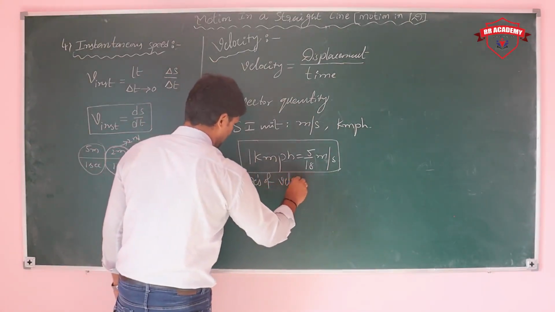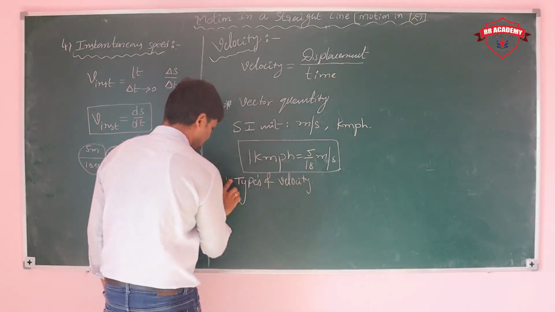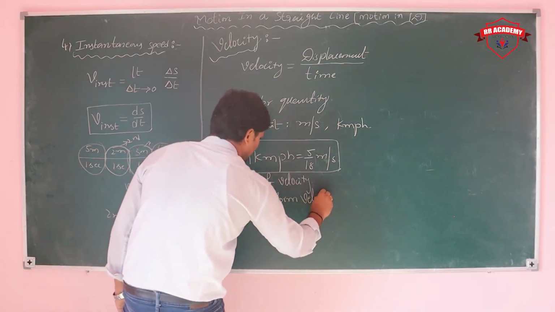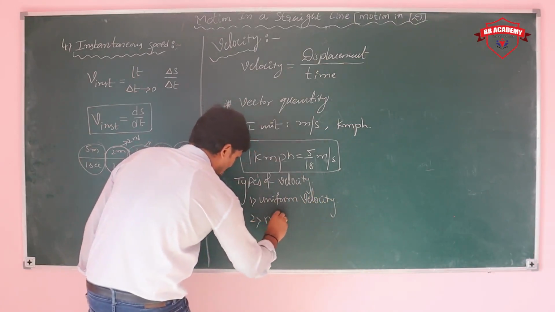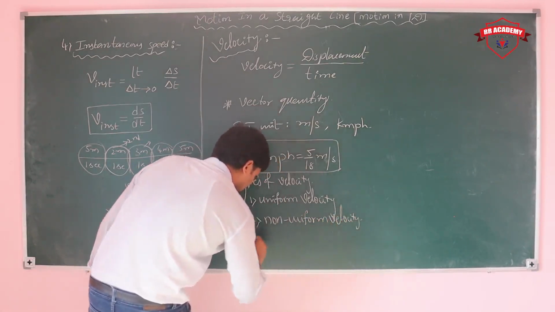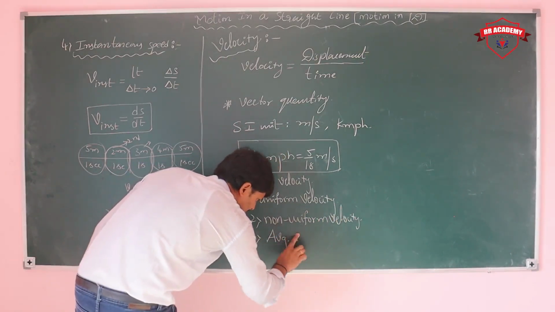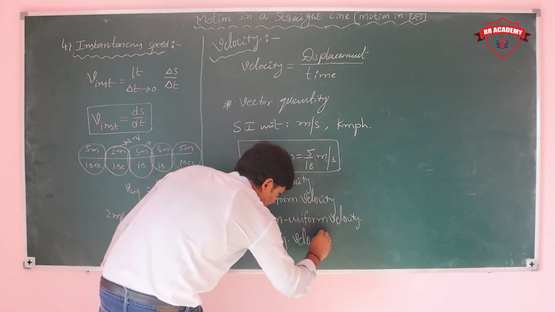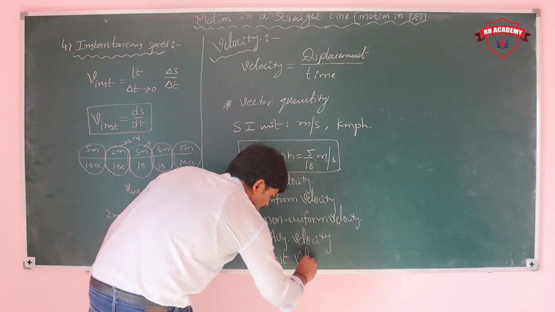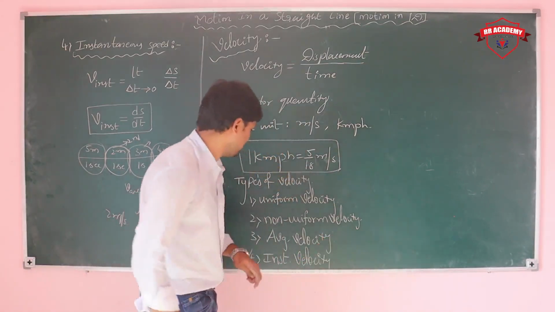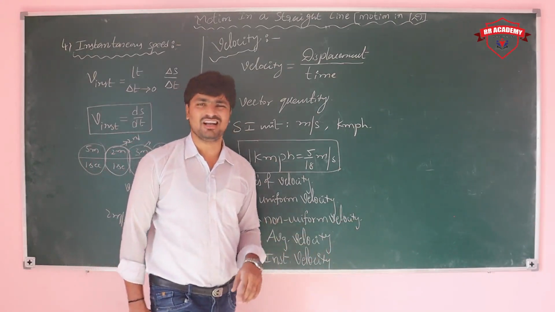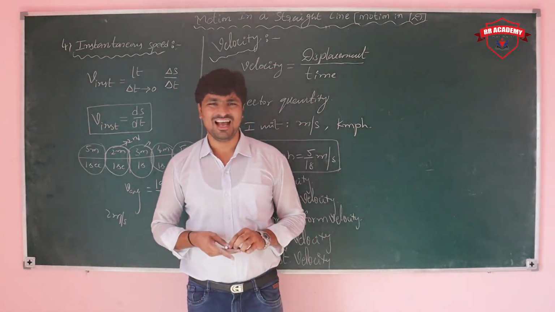The first is uniform velocity, the second is non-uniform velocity, the third is average velocity, and the fourth is instantaneous velocity. These are the four types of velocity. Let's see them one by one.